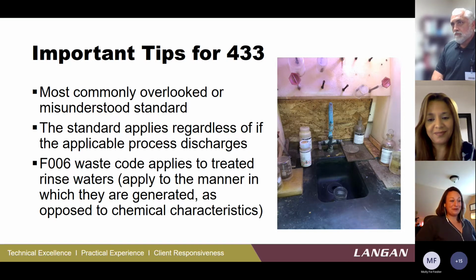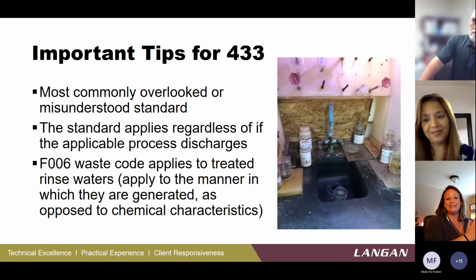In this case, in 433, you also have to remember this F006 waste code applies to treated rinse waters. And that waste code applies based on the manner in which the water is generated, not its chemical characteristics. So you can have water that is essentially clean. I have been in facilities where there's water I would actually drink.